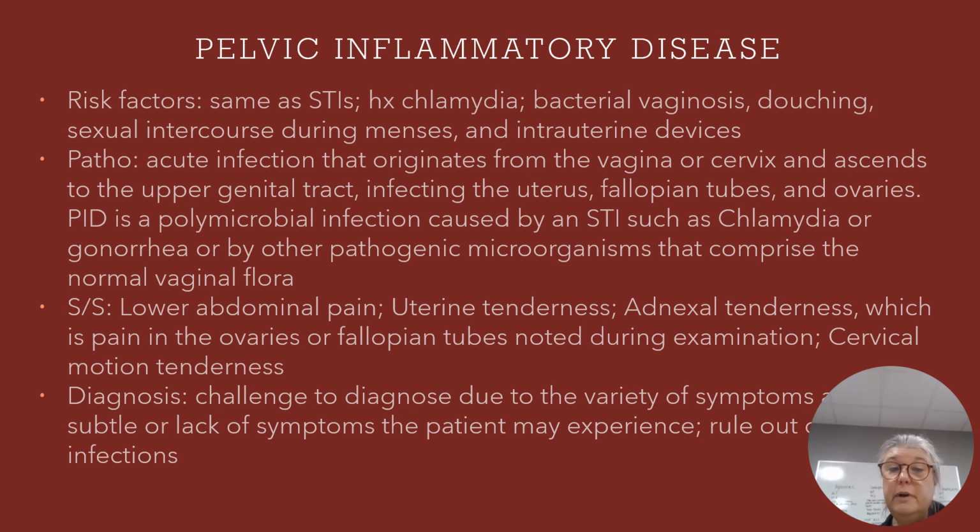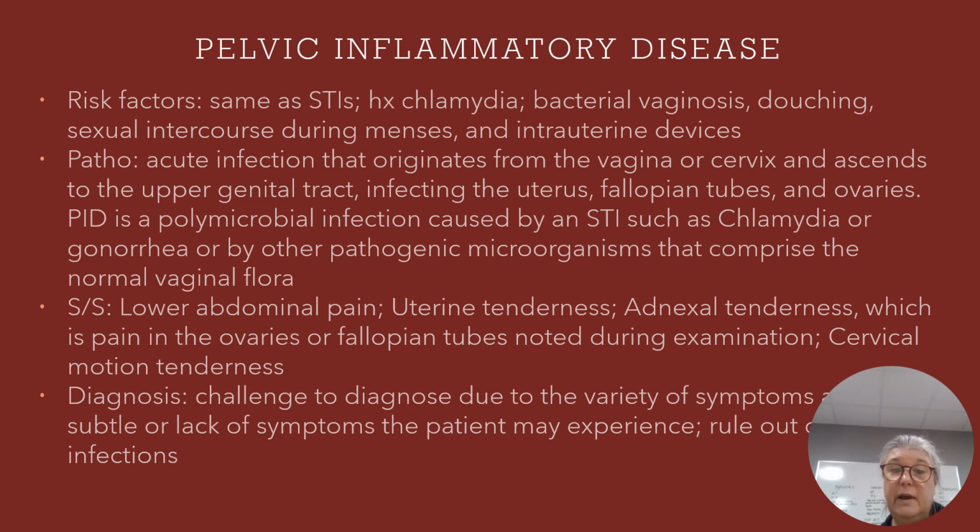Treatment is going to be related to what infection they think you have. They may actually hospitalize you if you do not respond well or tolerate PO antibiotics. They may want you on IV. If you're pregnant, if you have severe illness, if you have a differential diagnosis like tubo-ovarian abscess or appendicitis, or if you have an ectopic pregnancy.